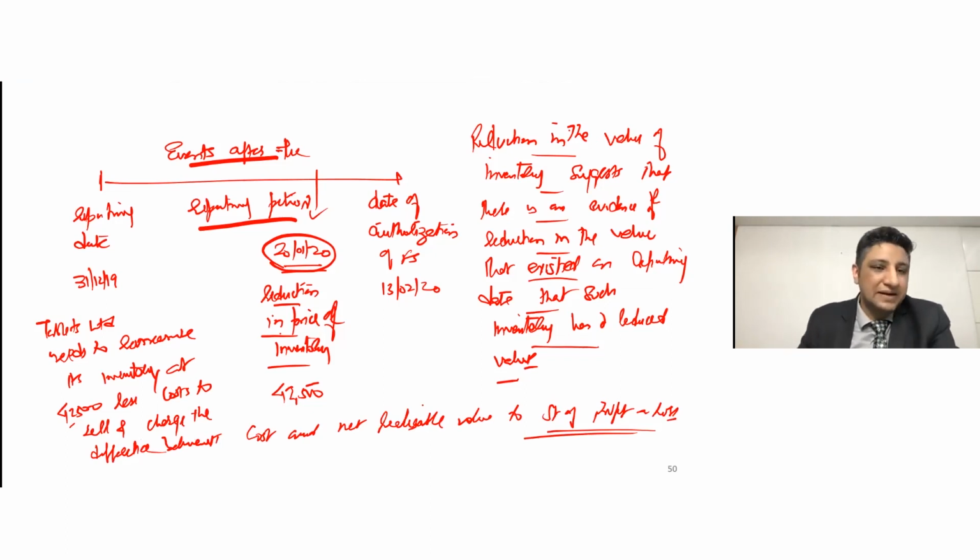Charge the difference. That becomes an expense. That becomes a period cost straight away. Should be charged as an expense to the statement of profit and loss there.